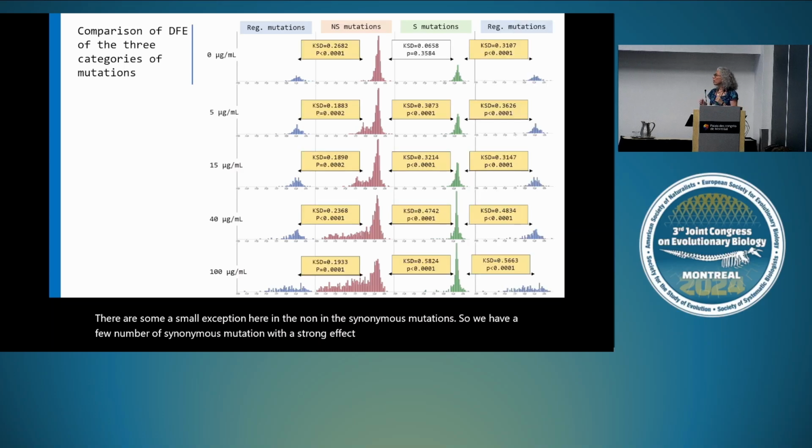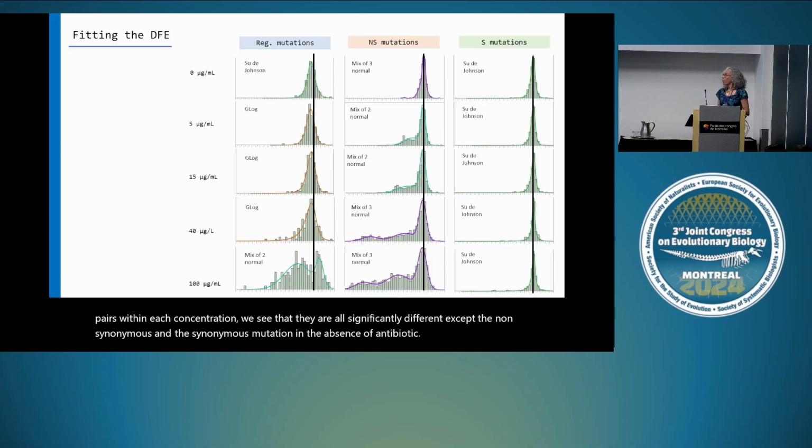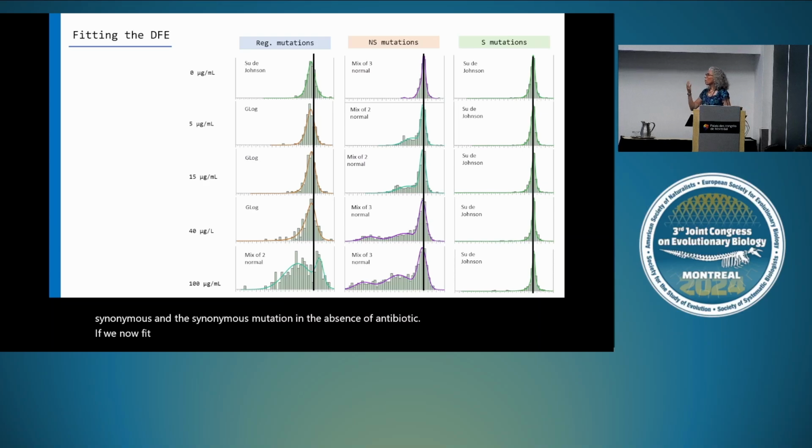If we compare these distributions by pairs within each concentration, we see that they are all significantly different, except the non-synonymous and the synonymous mutations in the absence of antibiotic. If we now fit these distributions, the important information on this slide is that for synonymous mutations, we always have a unimodal distribution, whereas for the non-synonymous mutations, it's mainly unimodal in the absence of antibiotic.